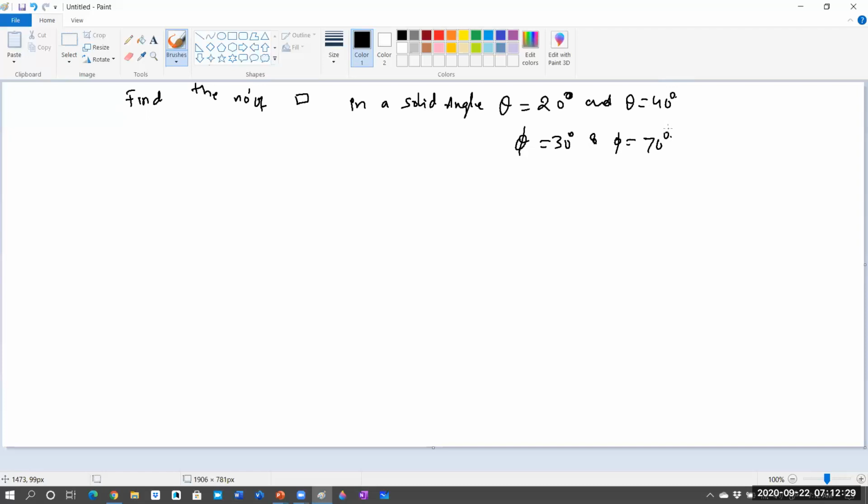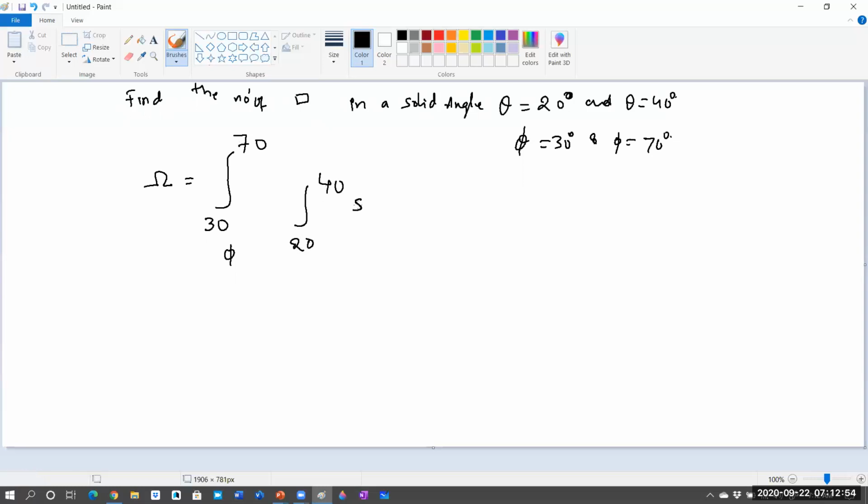So as per the last equation, the beam area omega equals the integral over phi. What is the range of phi here? Integral 30 to 70, that is phi, and integral theta 20 to 40.